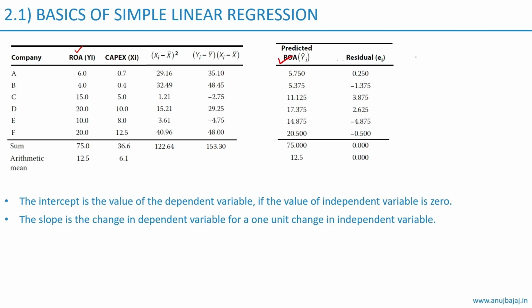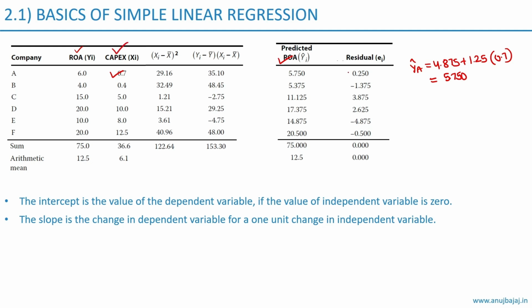So the linear regression model predicts that the return on asset for company A equals the intercept, which is 4.875, plus the slope coefficient 1.25, multiplied by the value of the independent variable, which is 0.7. So the predicted value of the return on asset of company A equals 5.750.